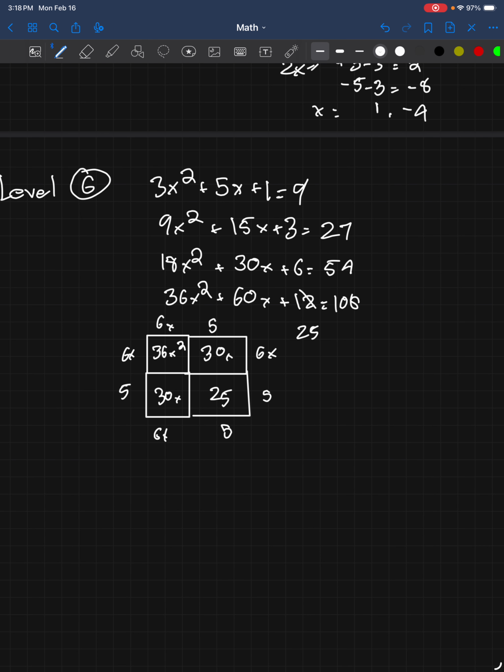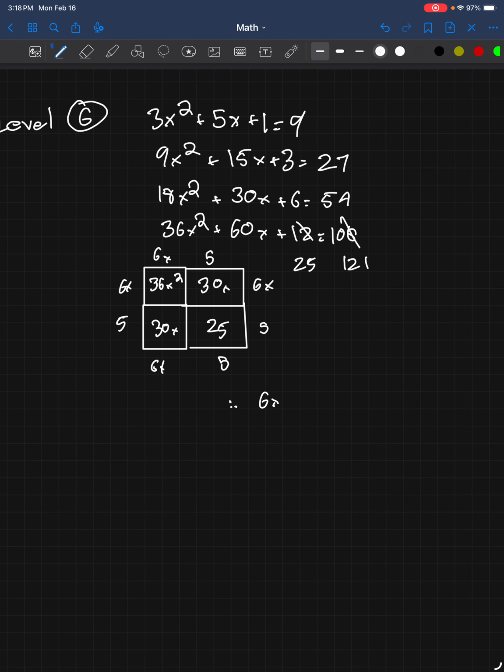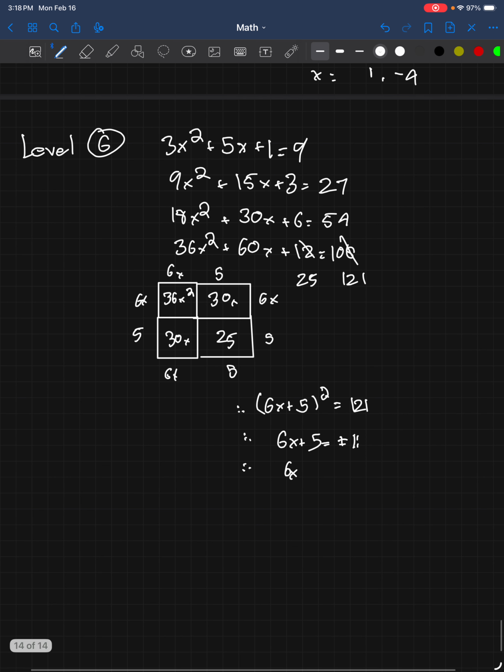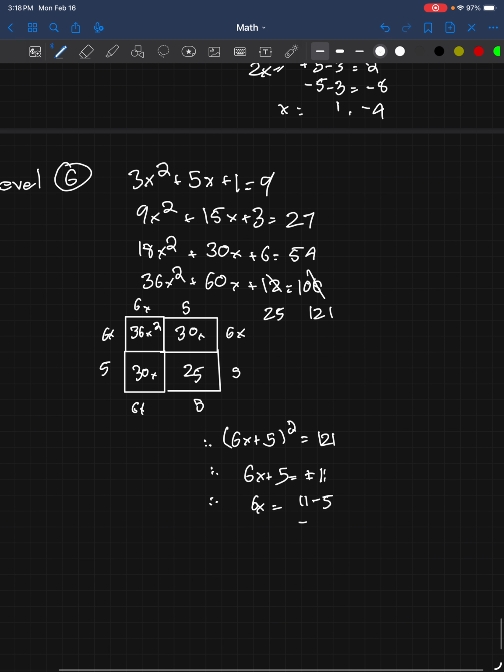If we add 13, so this has to be 108 plus 13, so 121. So we know that 6x plus 5 squared equals 121. 6x plus 5 equals plus or minus 11. 6x equals either 11 minus 5 or negative 11 minus 5, which is either 6 or negative 16.